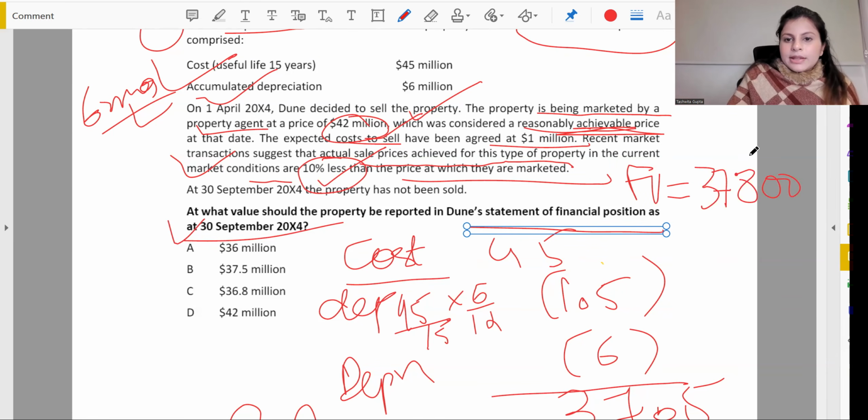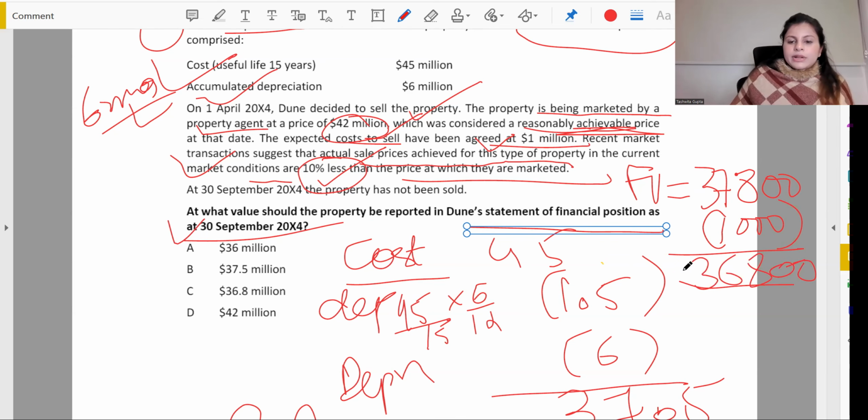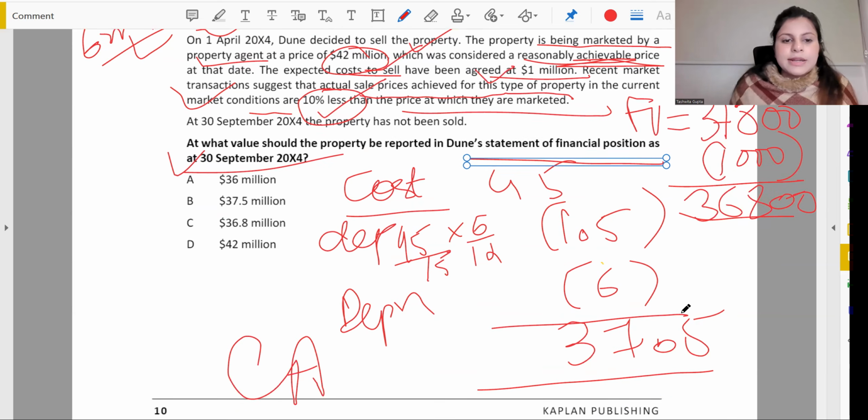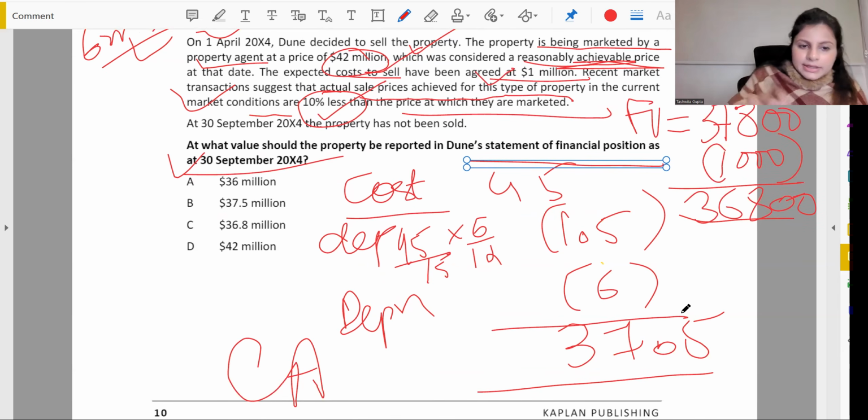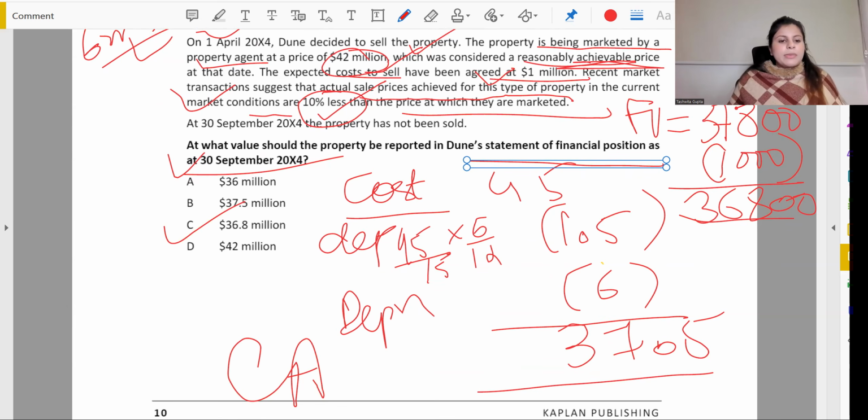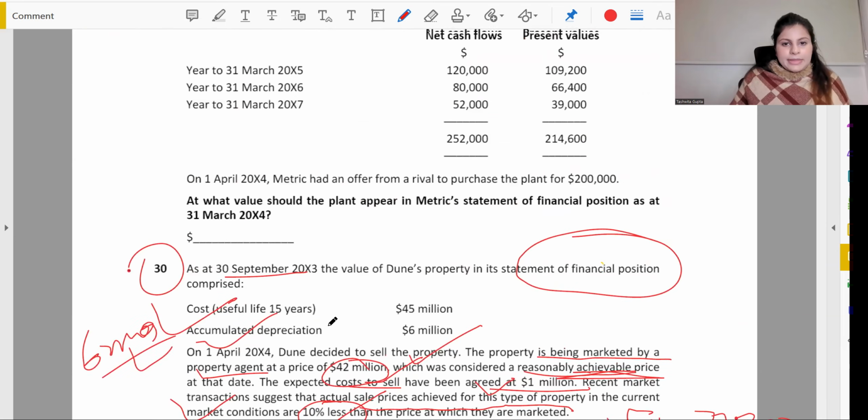But then what is my cost to sell? 1 million, that is 1,000. So my fair value less cost to sell is 36,800. What is lower, 37,500 or 36,800? 36,800. So once again, I'll record it at the lower amount. My answer is C.